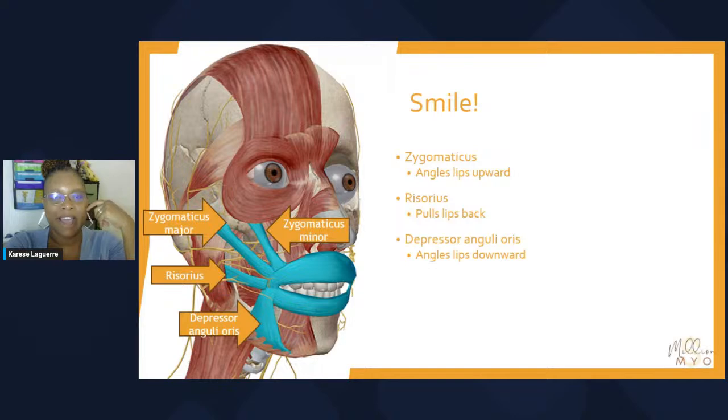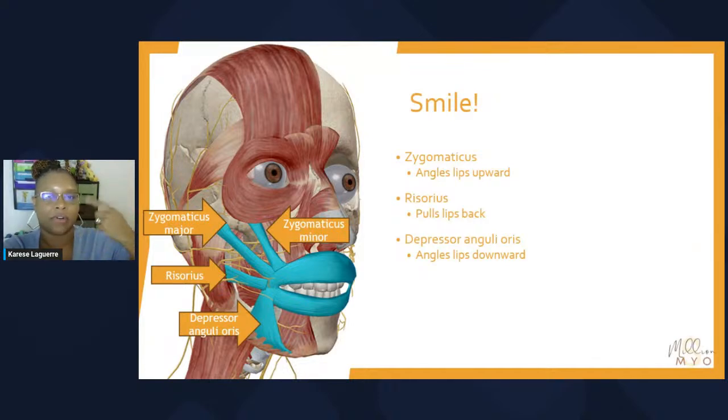So for a smile, we're using 4 to 6 muscles depending. Sometimes the depressor anguli oris gets involved, the risorius, the zygomaticus major, the zygomaticus minor. It depends on whether or not you're going to involve the depressor anguli oris, or any other muscles.